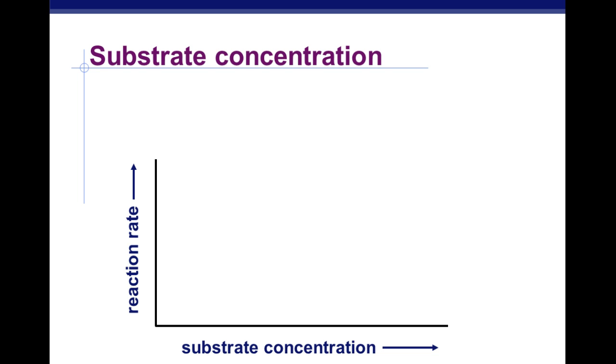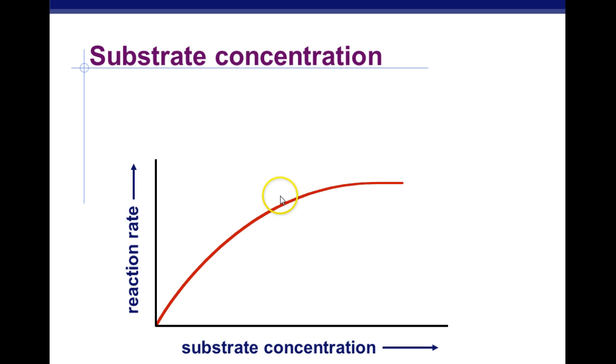Okay, so we just looked at how enzyme concentration affects the reaction rate and saw a direct relationship between the concentration of enzyme and the reaction rate. And what that really means is as we increase the amount of enzyme into a system like a cell, we increase the reaction rate up to a certain point.